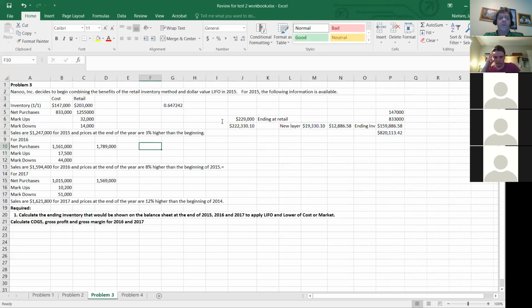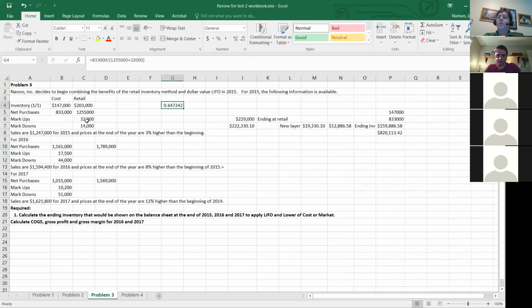0.6427, where did it come from? Okay. If you look at the formula, we took the net purchases and we divided it by the retail net purchases plus the markups. That gives us lower of cost or market. Remember, I gave you a chart that showed you 3 or 4 different ways you can get that percentage depending on what you're doing.